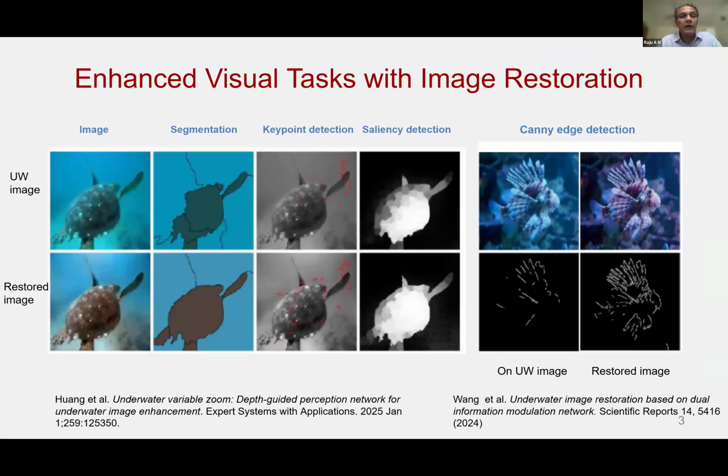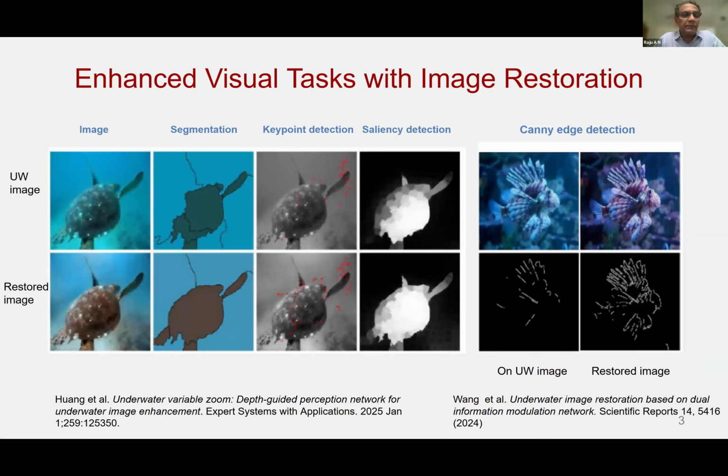So by enhanced visual understanding, what I mean is, there are so many downstream tasks which require an image of high quality. Underwater images typically suffer from all kinds of things: low contrast, blurring, low light, and all of that.